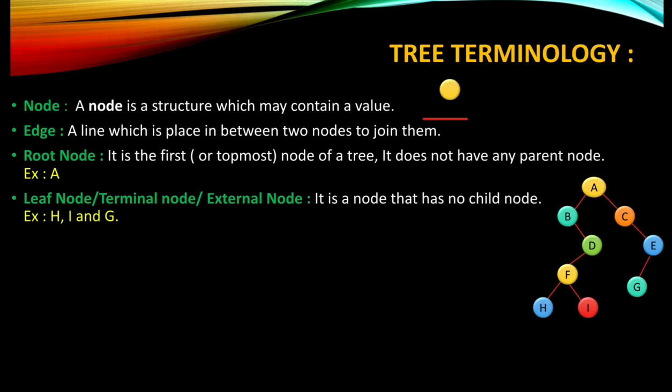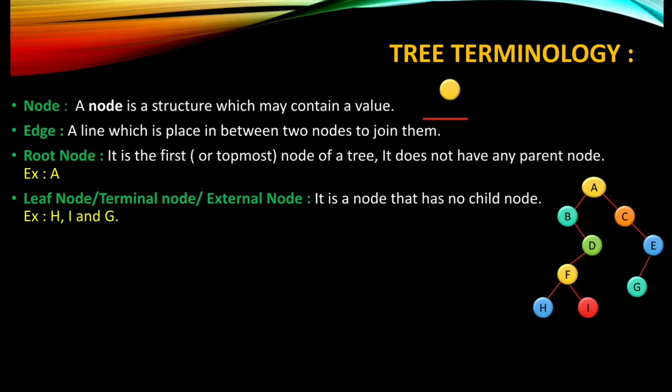Here H, I, G are all child nodes. H and I are children of F, G is a child of E, but H doesn't have any child, I doesn't have any child, and G doesn't have any child. That's why all of them are leaf nodes.